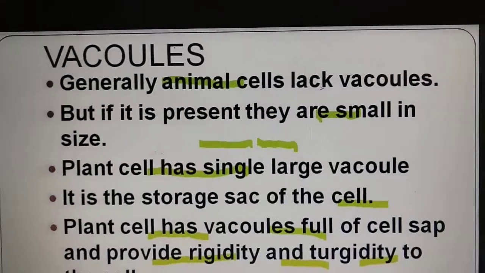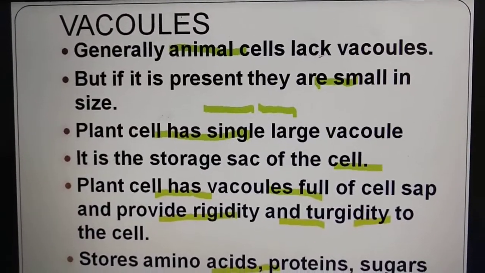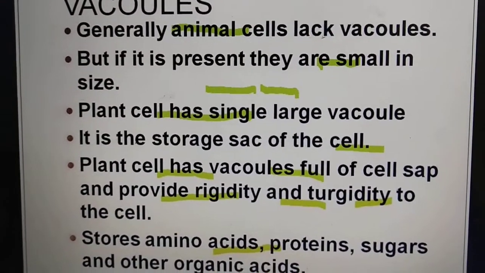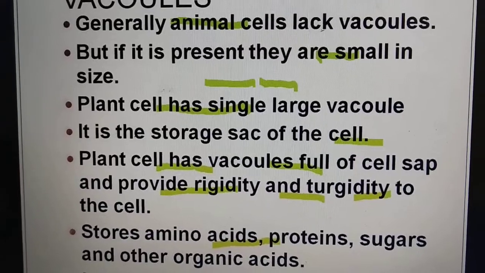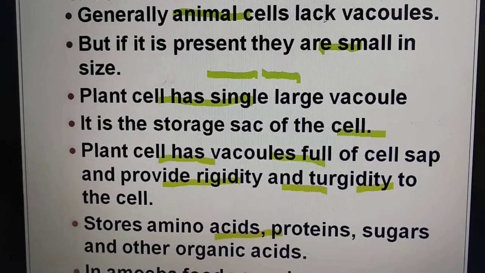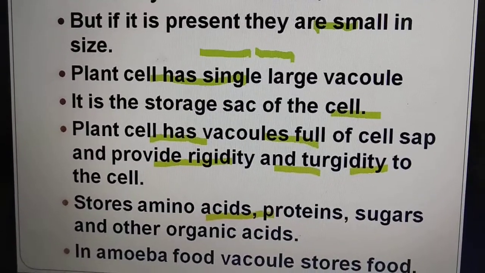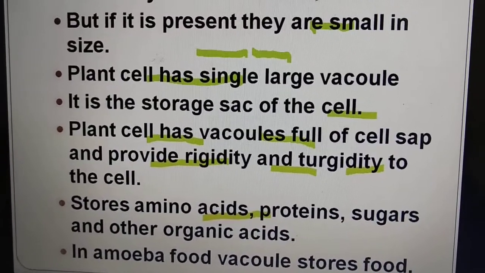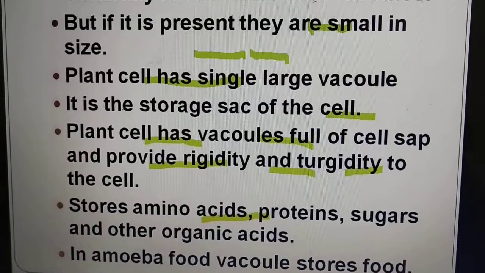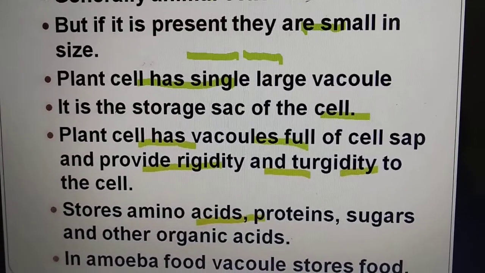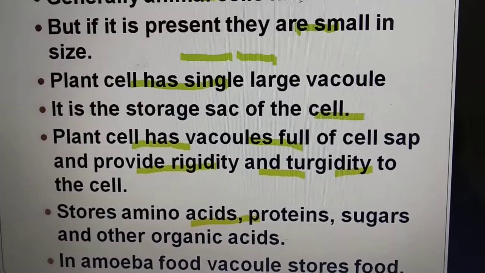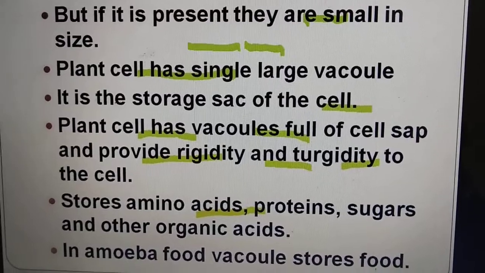Okay, next is vacuoles. Everyone knows vacuoles. In animal cells, vacuoles may not be present, but if they are present they will be smaller in size. But a plant cell has a single large vacuole and it is called the storage sac of the cell. These vacuoles of plants are full of cell sap.